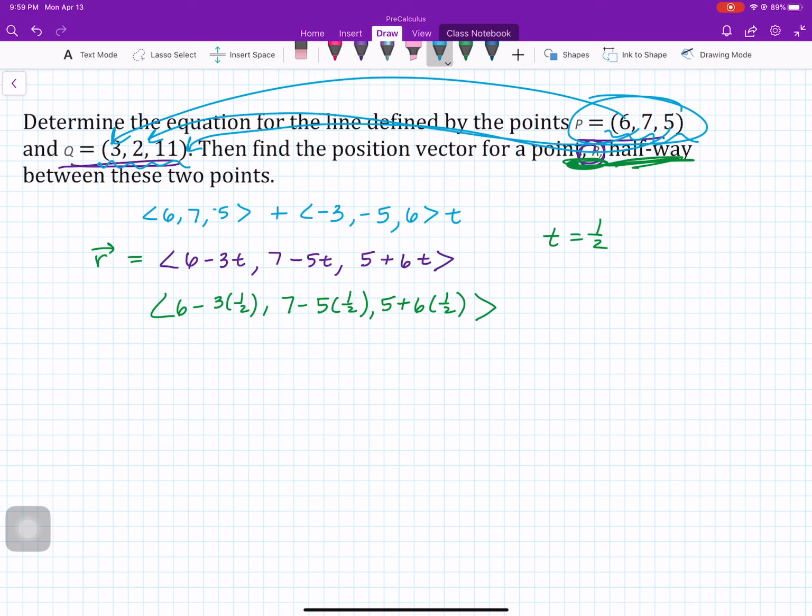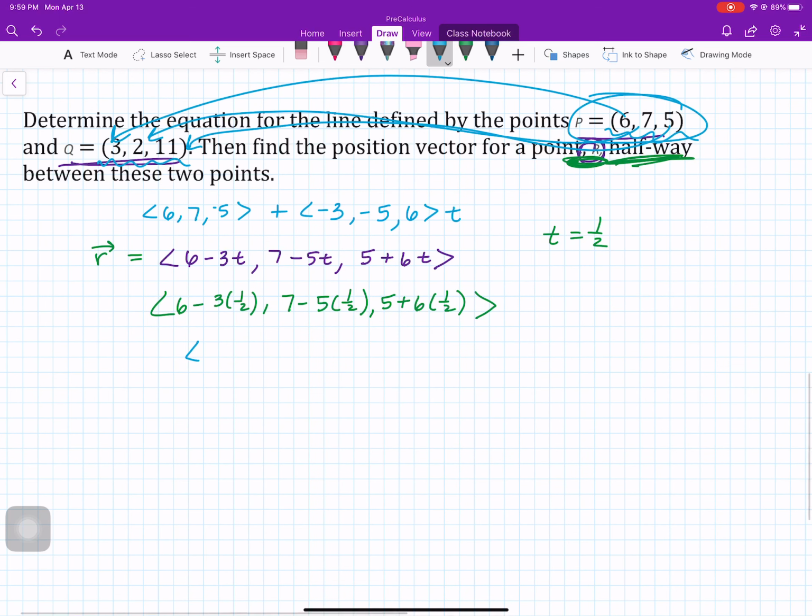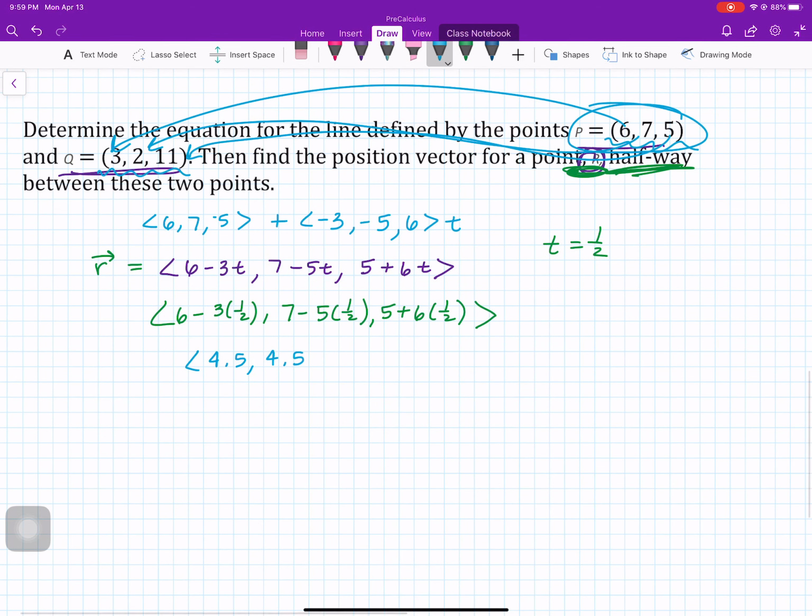So we have 6 minus 1.5, which would be 4.5. We have 7 minus 2.5, which would be 4.5 again.